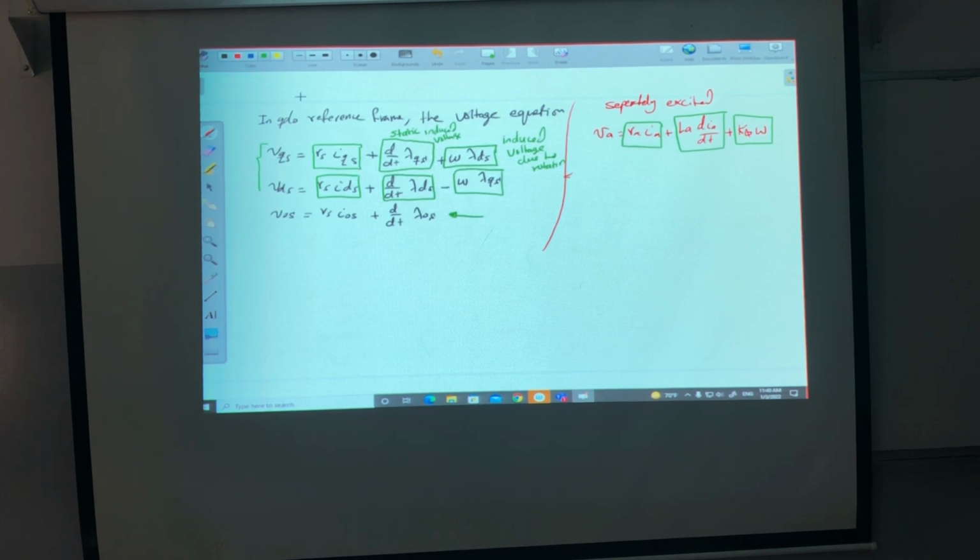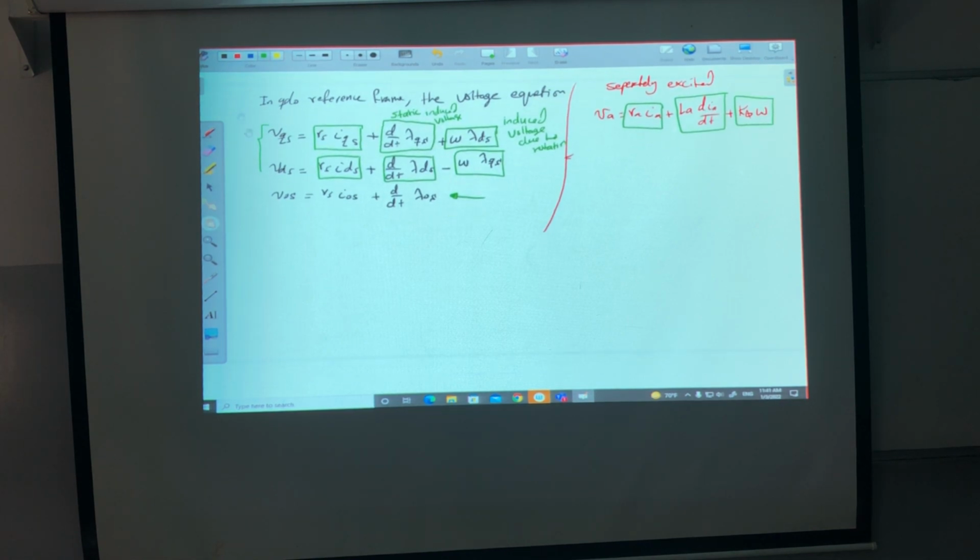Now what about if I need to refer a circuit on the rotor to the QD rotating frame? Let's assume I need to do it for the rotor circuit.